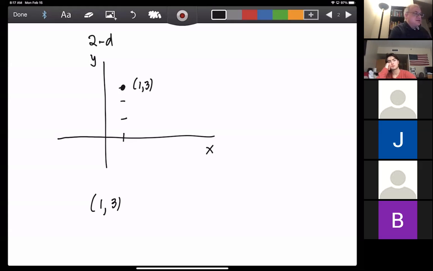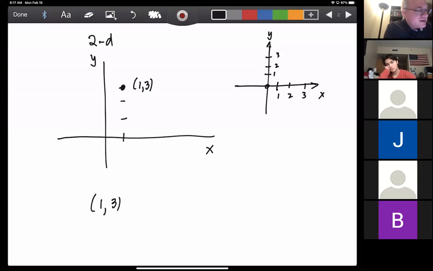Before we get there, there's one sort of subtle point that maybe you haven't thought about. With each number line, there's a positive direction that goes along with it. So I could have put my X and my Y axes together in 2 ways. If the X axis is labeled like this, and the Y axis is labeled like this, right? There's a positive direction and a negative direction for each axis. And this is sort of the standard way to put the 2 axes together to come up with a labeling scheme for the plane.